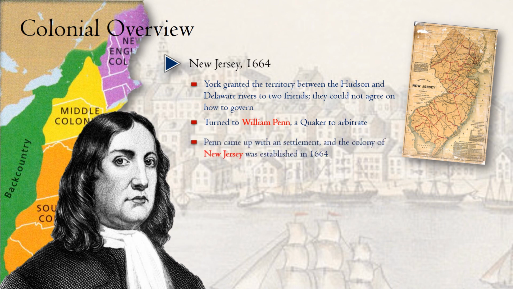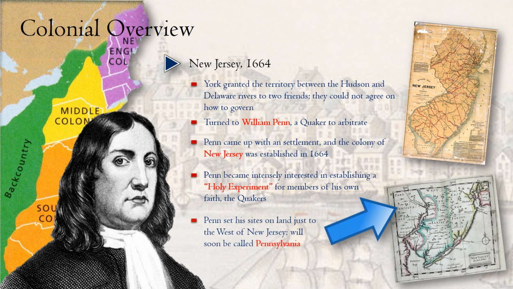And Penn did come up with a settlement that helped to found the colony of New Jersey in 1664. And in doing so, William Penn traveled in America, and he became really interested in establishing what he called a holy experiment for members of his own faith, which are the Quakers. And so he set his sights on land just to the west of New Jersey, and it will soon be called Pennsylvania.